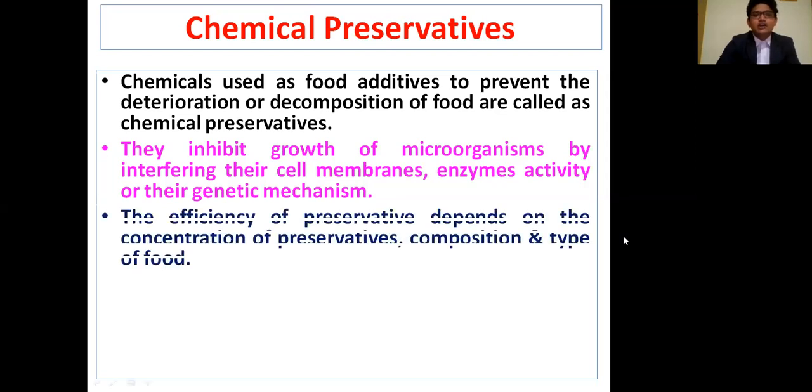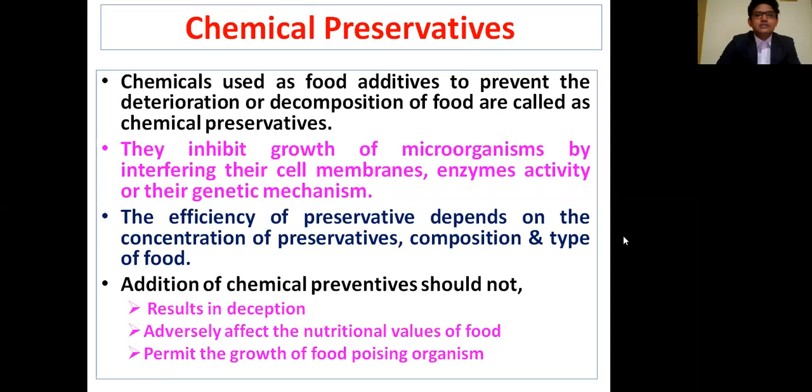The efficiency of preservatives depends on the concentration of preservative, composition of preservative, and type of food. Addition of a chemical preservative in a food product should not result in deception, adversely affect the nutritional value of food, or permit the growth of food poisoning organisms.